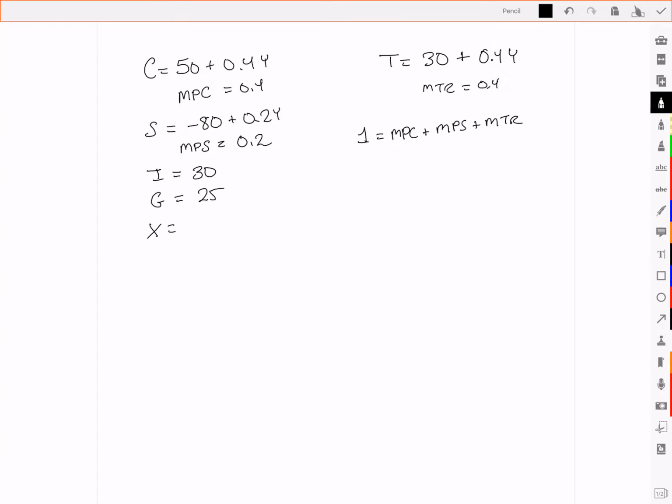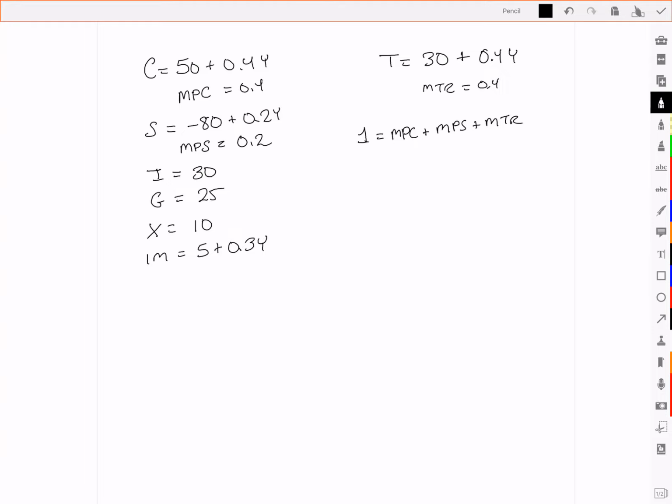And let's see, we have exports of 10 and imports of 5 plus 0.3y. So we can see exports here. Is it autonomous, induced, or both? Exports, that's when other countries buy our goods. It does not depend on our income, so there's no y in the formula.